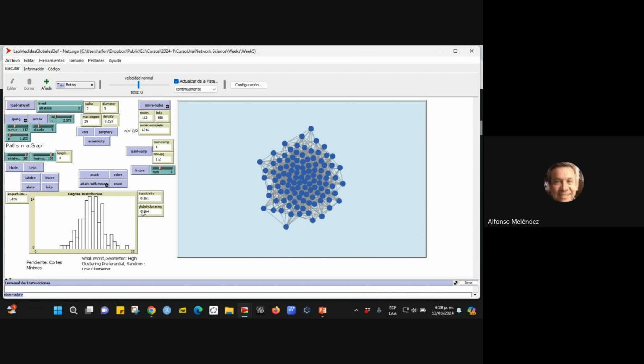So these are the properties of random networks: short path lengths, clustering, not too high but medium, and a normal degree distribution. Okay, this was the first model.